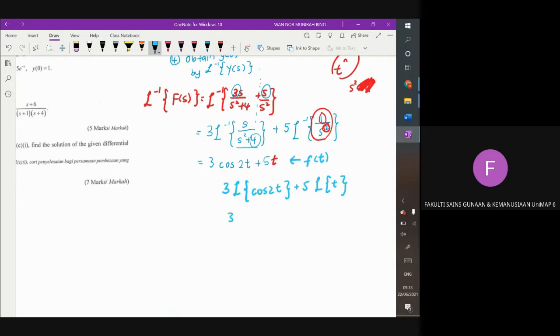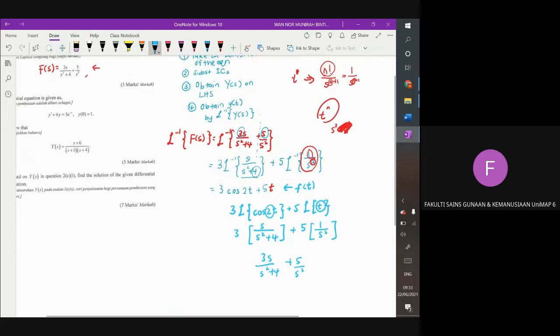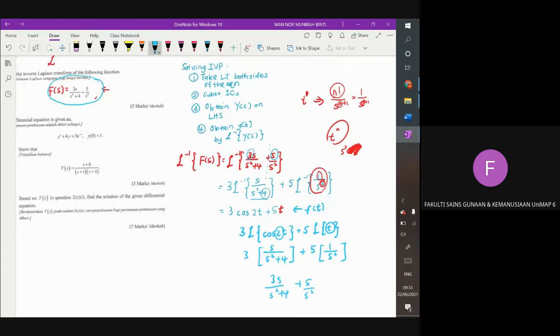So I will have 3 times cosine, which is s over s square plus a square, so I have 4, and then I have 5. t is 1 over s square, so I have 3s over s square plus 4 plus 5 over s square, which is similar to the original F(s). So I can conclude that this is my correct f(t). When I check, I got the same solution as presented in my question.